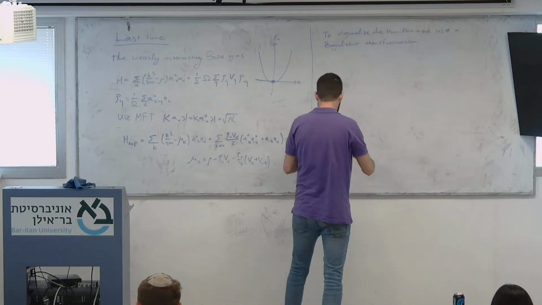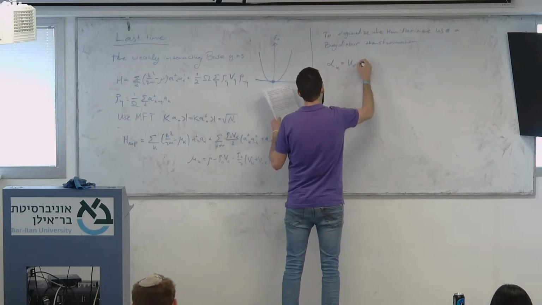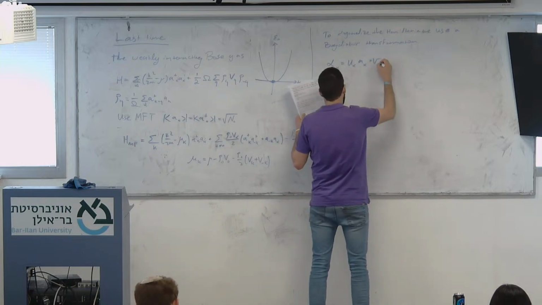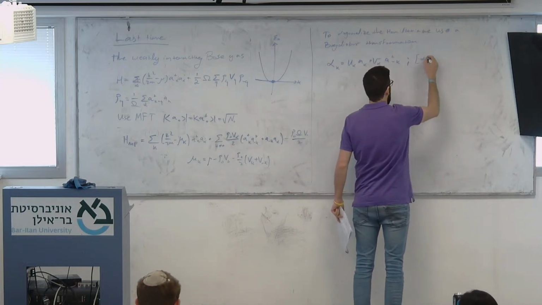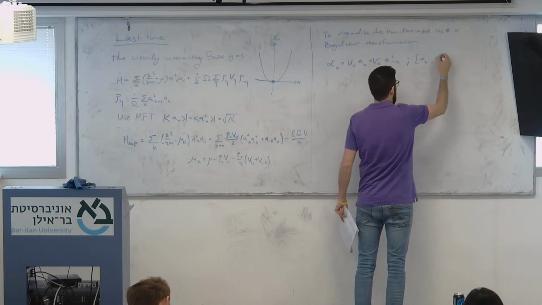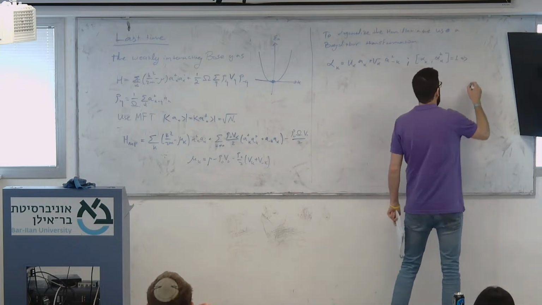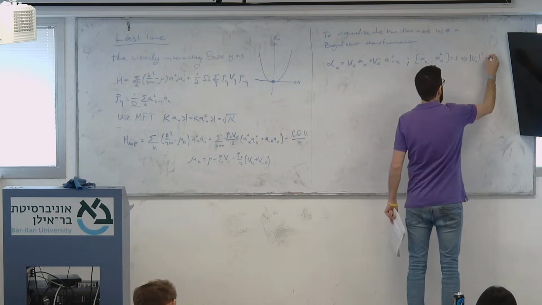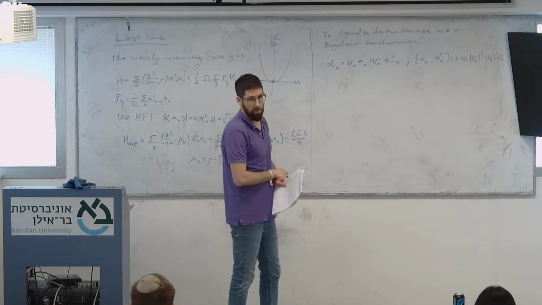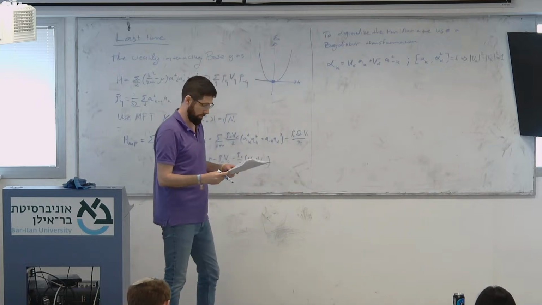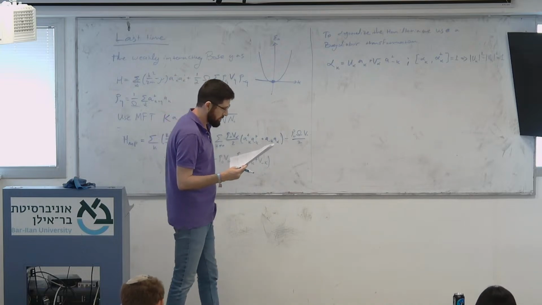Okay, so we define a new operator alpha k, which is u k a k plus v k a dagger minus k, and we saw that in order for the commutator of alpha k and alpha dagger k to be equal to 1, we concluded that u k squared minus v k squared is equal to 1, which implies that these are most conveniently represented as hyperbolic sine and cosine functions.